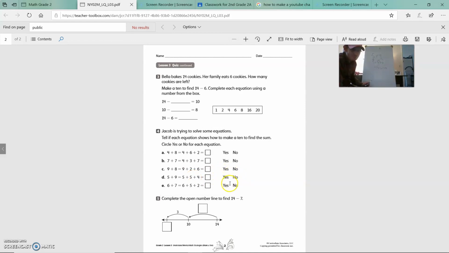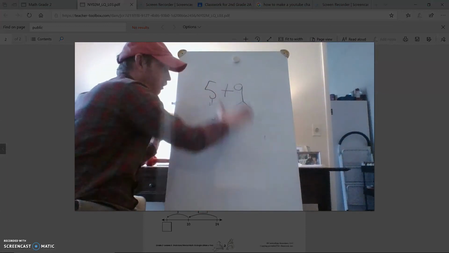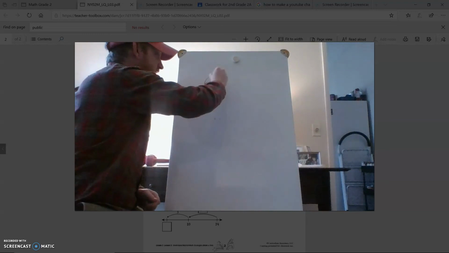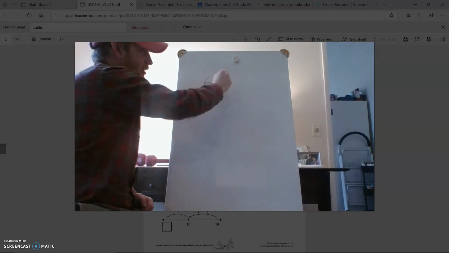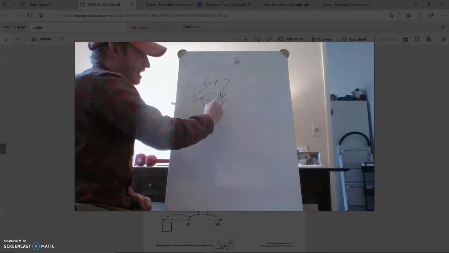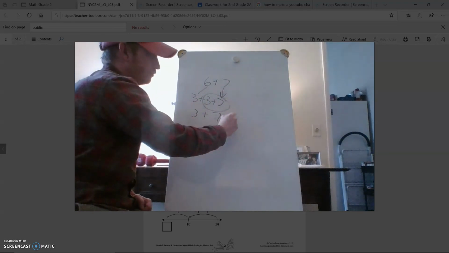And then the last problem we're going to have time for is E. So let's see. 6 plus 7. Well, in order to do 6 plus 7, 6 is a 3 plus a 3. Bring down the 7. 3 and 7 equals 10.